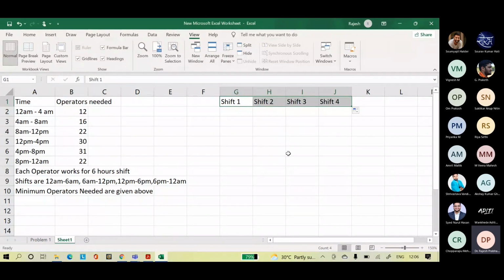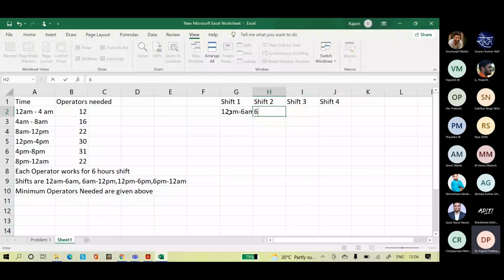Only 4 shifts are there here, right? This is 12 a.m. to 6 a.m. This is 6 a.m. to 12 p.m. This is 12 p.m. to 6 p.m. This is 6 p.m. to 12 a.m. Right? So these are the shift timings.